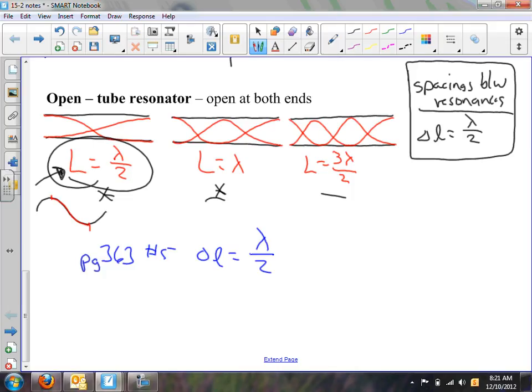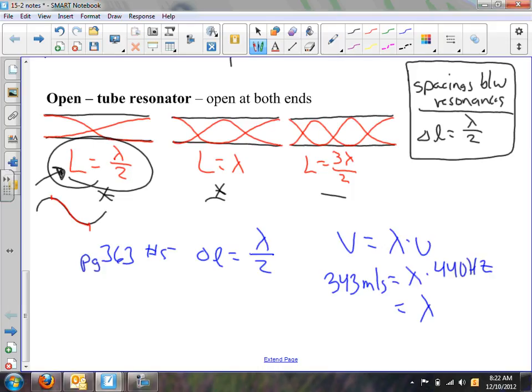I don't know what the wavelength is, but I do know the frequency. And we know that frequency and wavelength are related by the speed of sound. So if my temperature is 20 degrees, my velocity is 343, the wavelength I don't know, and the frequency they gave me was a 440 hertz tuning fork.